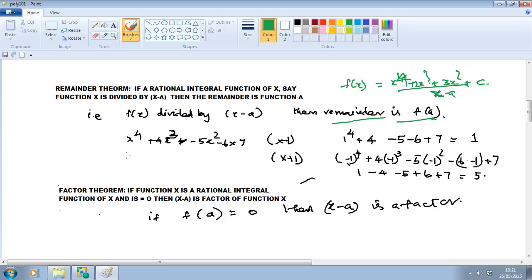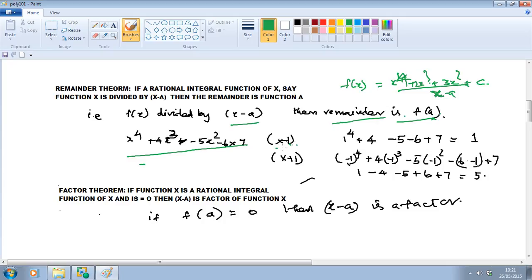So an example is if the function like this is divided by x minus 1, then the remainder is f of a. Compare x minus a with x minus 1.